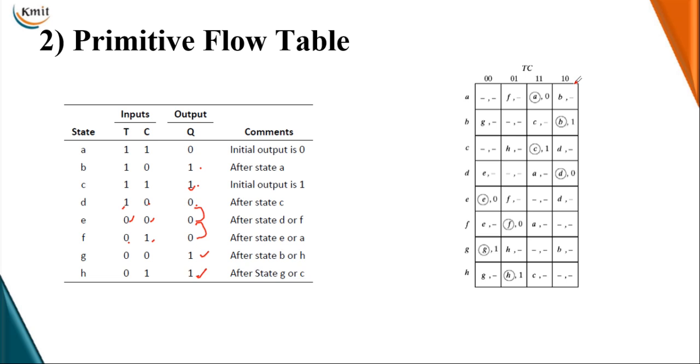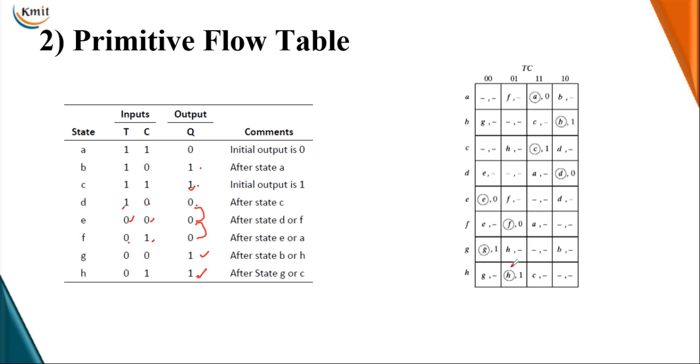And for such input 1 0, the unstable or invalid state is 0 1, so dashes. Next, for 0 0 input, G is the next state, output is don't care. Next, for 1 1 input, after B you obtain C, so C dash.